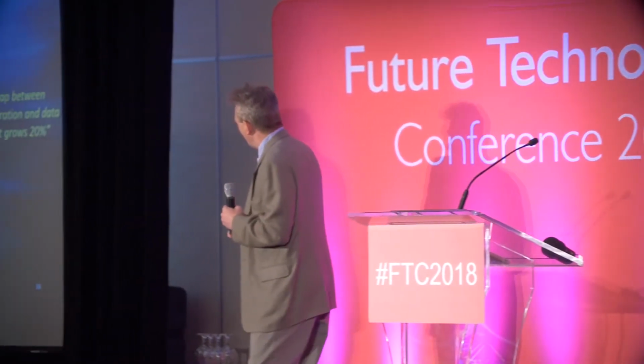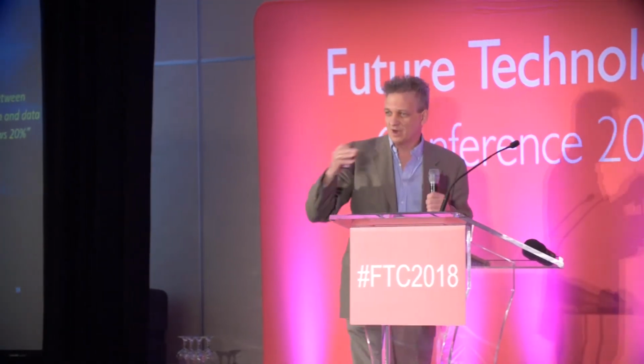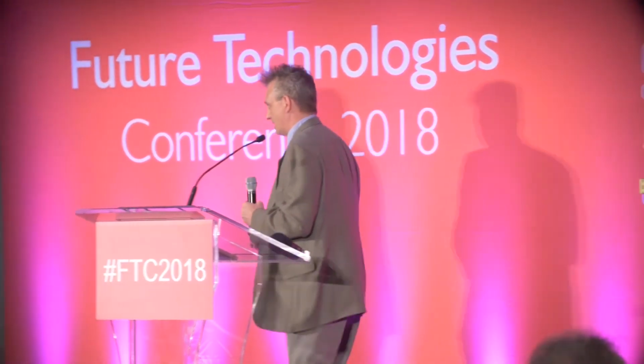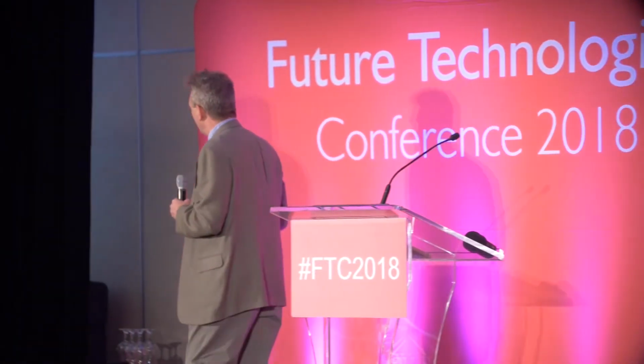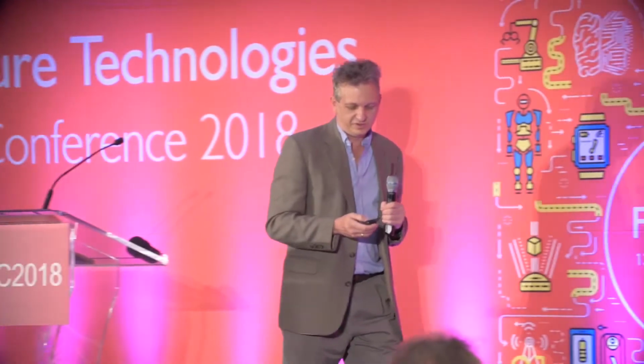What we see here is that year over year, there's a 20% growth in the amount of data that's produced versus the data that you can move. There's a lot to attribute here, and there's a different talk, a different paper on this. But this has increased year over year, a 20% delta in data generation.